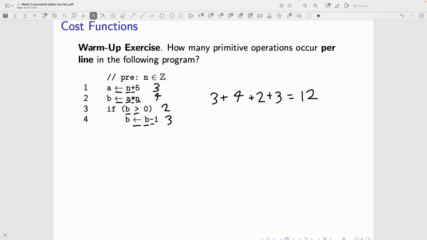Oh yeah? Why does branching not count as an operation? Ooh. Let's see. Yeah, the student's wondering why this if doesn't count as an operation.